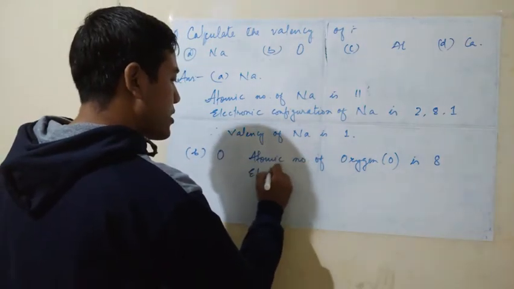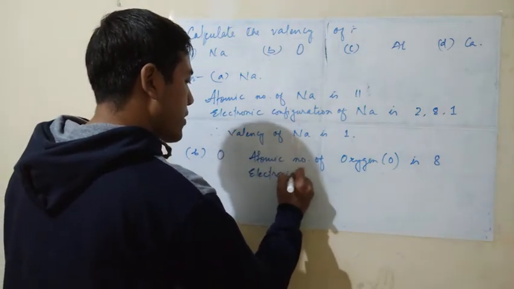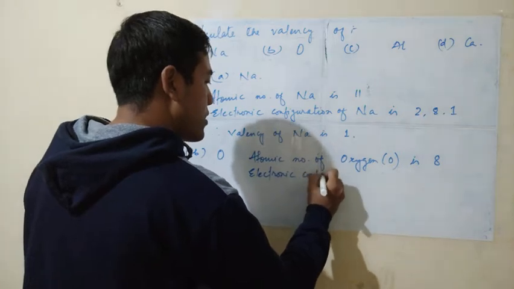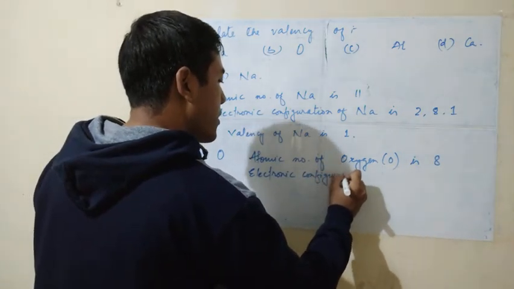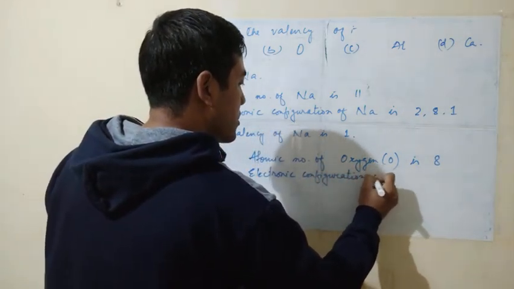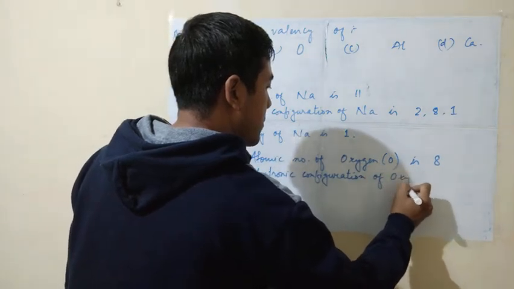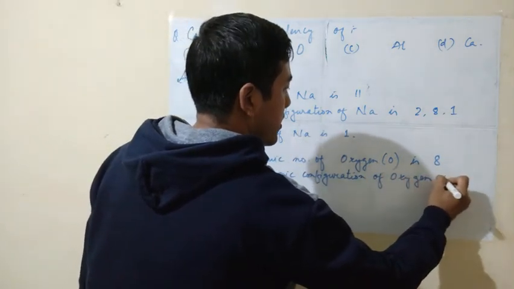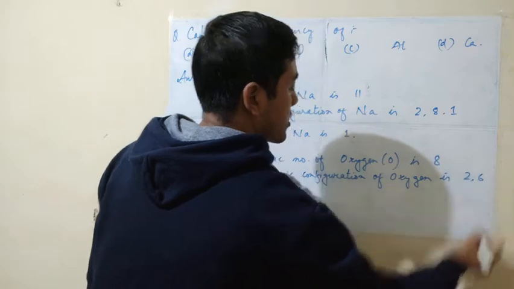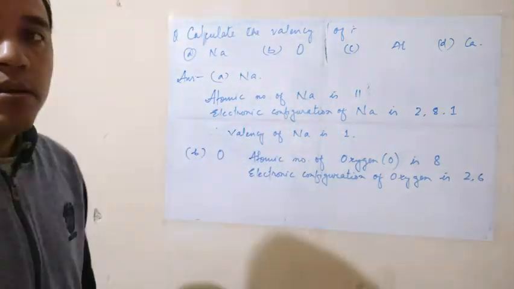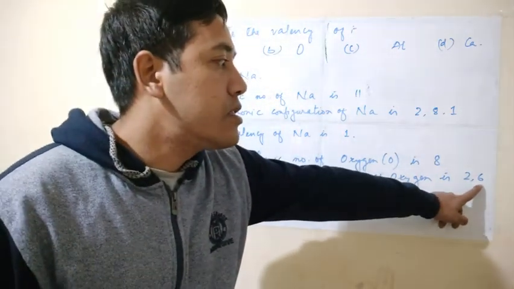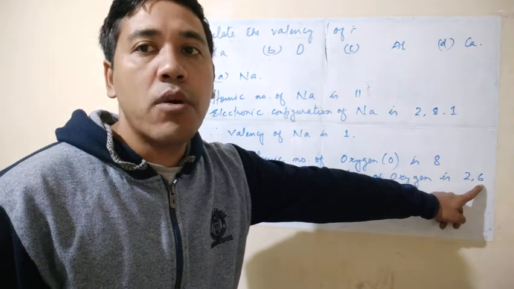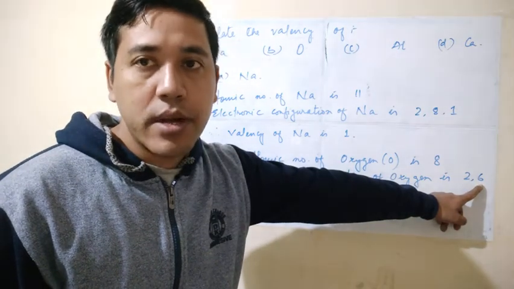Electronic configuration of oxygen is 2, 6. Look here, the 6 is more than 4, right?